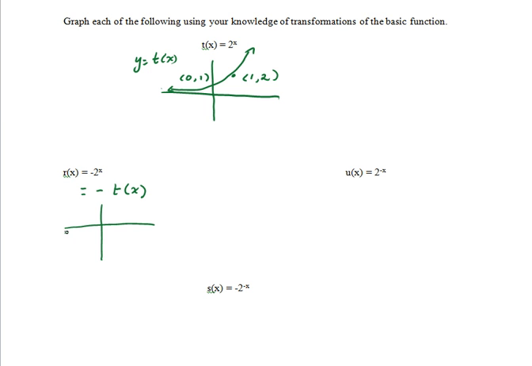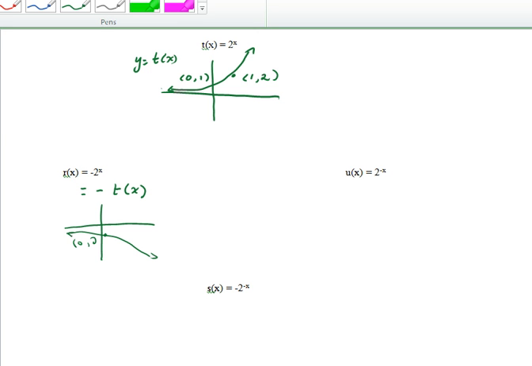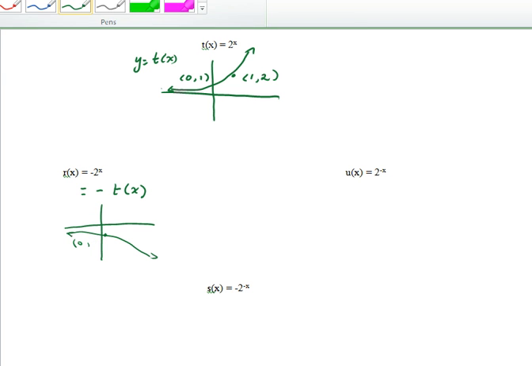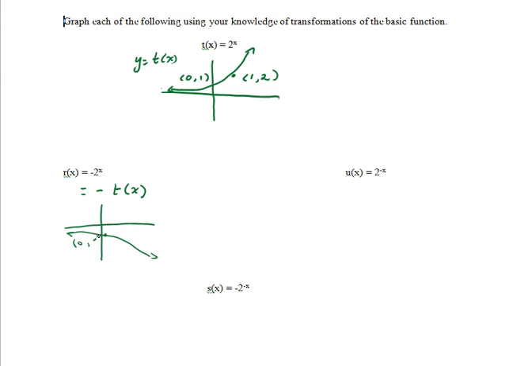And so the graph will now be a decreasing function through the third and fourth quadrants, going through the point 0, negative 1, and the point 1, negative 2.